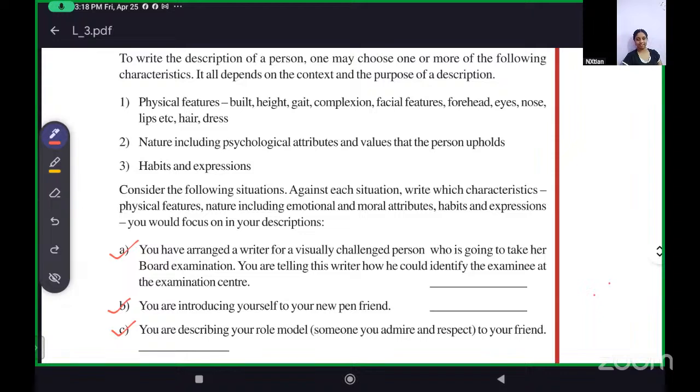I am Edric. I am tall, not fat, and I have straight hair, and I have black eyes.